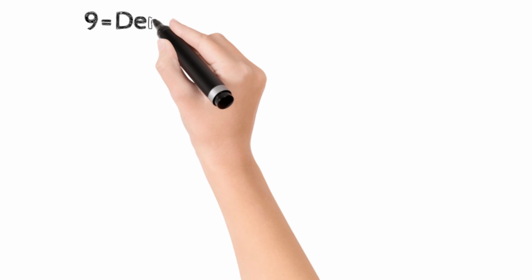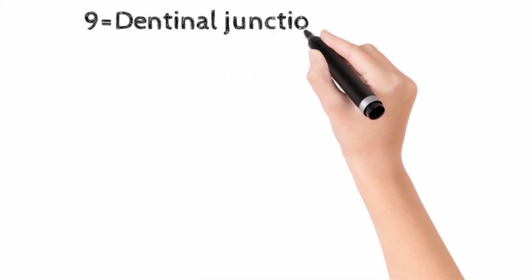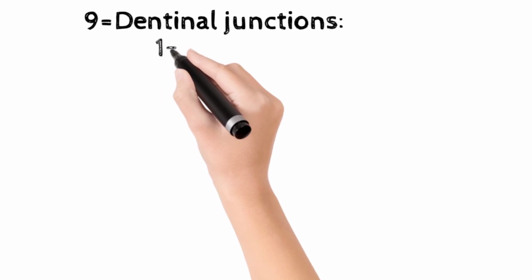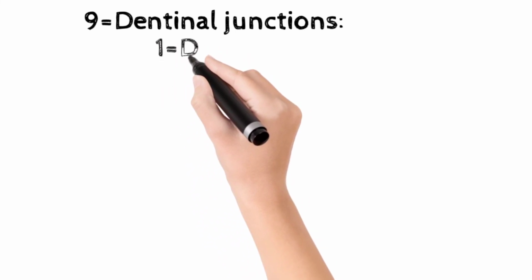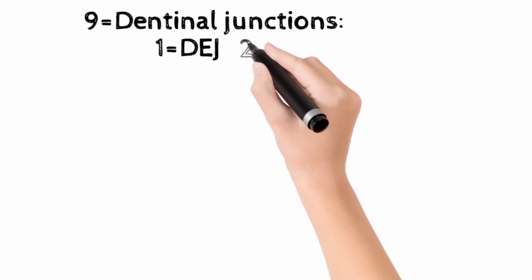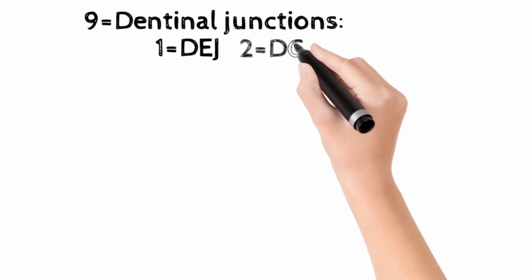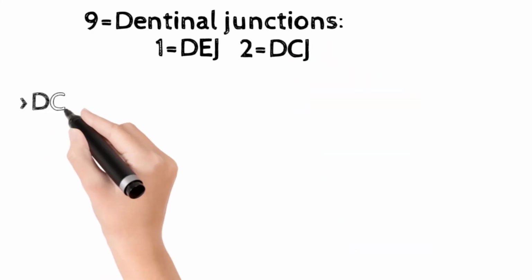Now, come to the last heading of this topic, the dentinal junctions. Dentine forms two types of junction, one with enamel, the other with cementum. With enamel, there is the dentoenamel junction, and with the cementum, there is the dentocemental junction.